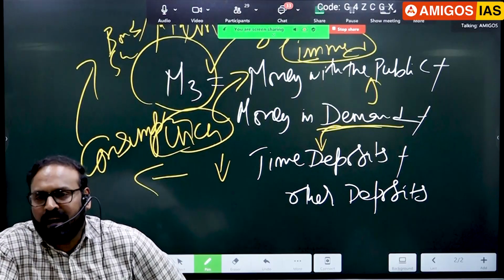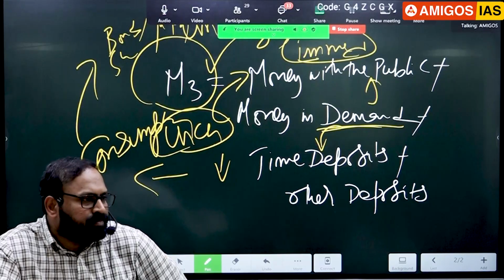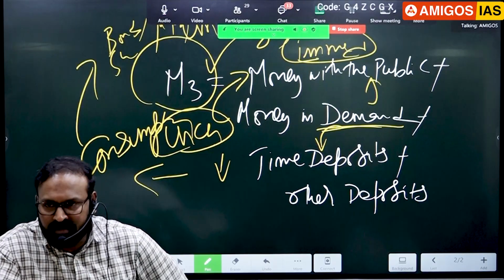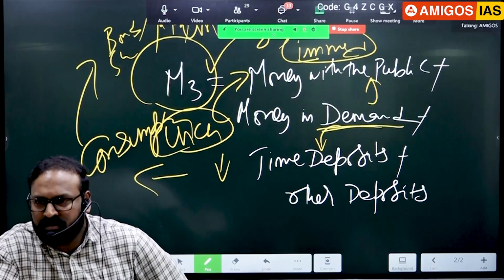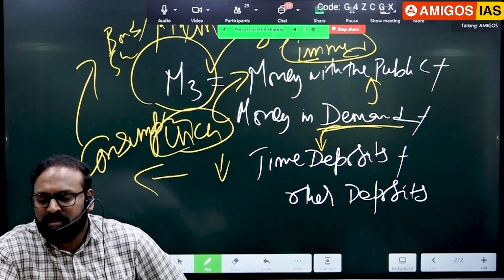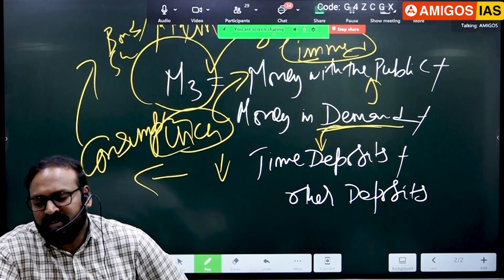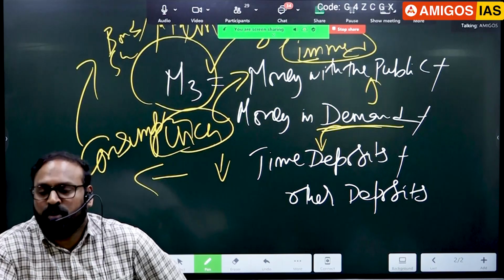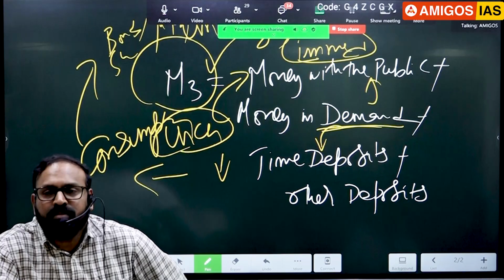In 2 contexts it happened in India. 2 banks. What are they? Recently, when ICICI Bank went through some scam, Chanda Kochhar made some scam, right, to Videocon. How many depositors started withdrawing their money? Never in the history of ICICI Bank has so much withdrawal of money happened. Why did people withdraw their money?